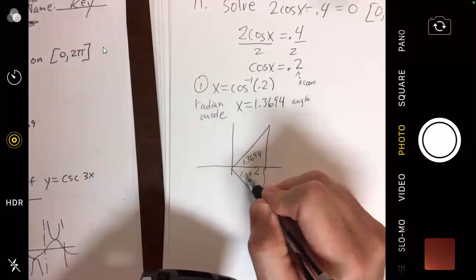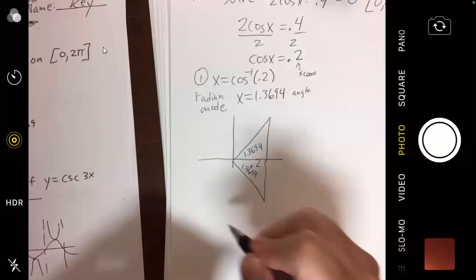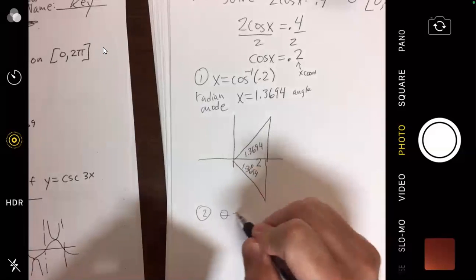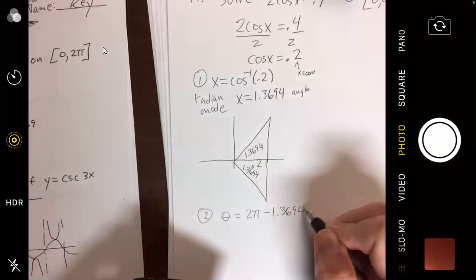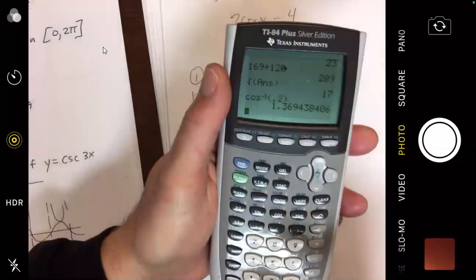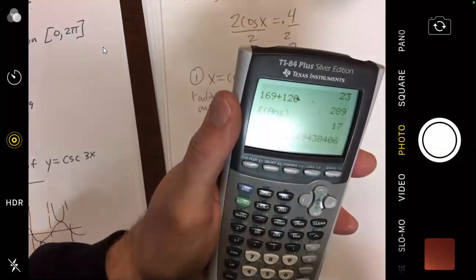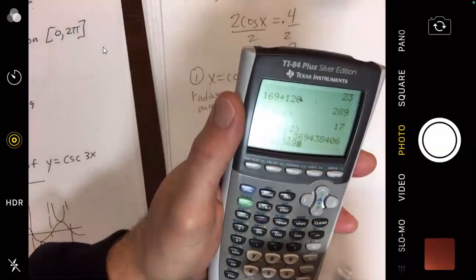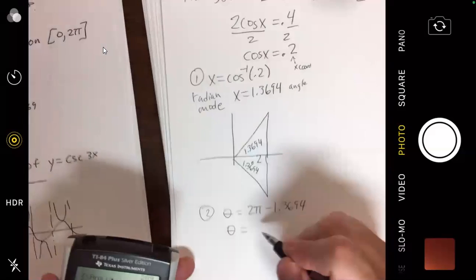This reference is 1.3694, and so your other angle is going to be 2 pi minus 1.3694, which is 4.9138.